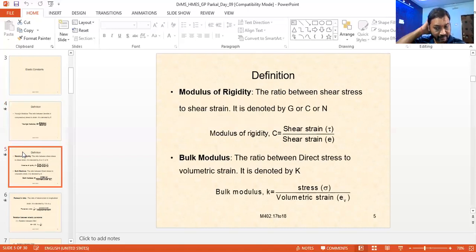The next one is the modulus of rigidity. It is also called the shear modulus. In this case, the shear forces are taken into consideration. In the previous case, the axial forces were taken into consideration.